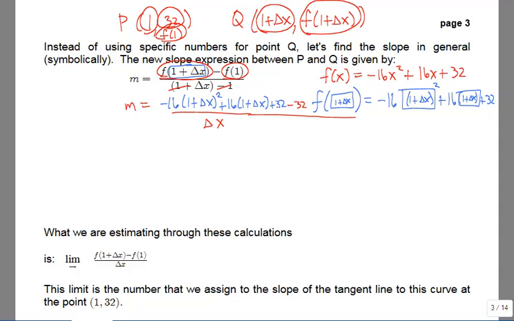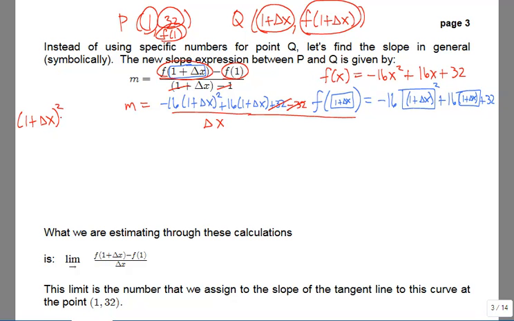Now one quick thing you should notice on top are these 32's. They're going to cancel out. To simplify the rest of this, we are going to need to square this quantity right here, and we're going to need to distribute our 16's across. As a little side note, we need to square this 1 plus delta x quantity.